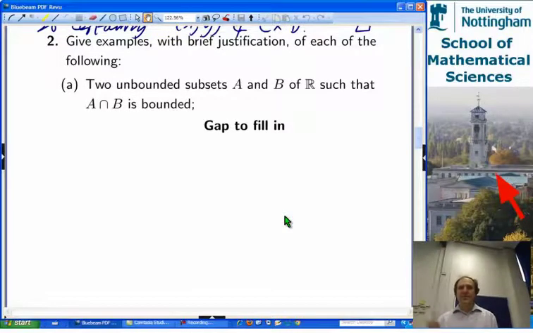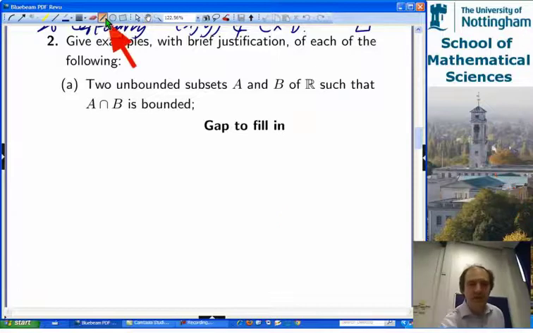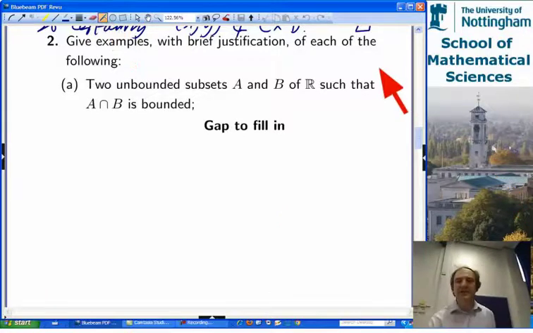Okay, so I've seen that quite a lot of people have got ideas. So I thought I'd get some suggestions from the floor. Here, brief justification, by the way, is pretty much that once you've told me what the sets are and what the intersection is correctly, you'll probably be able to say the first two sets are clearly unbounded and the last set is clearly bounded.